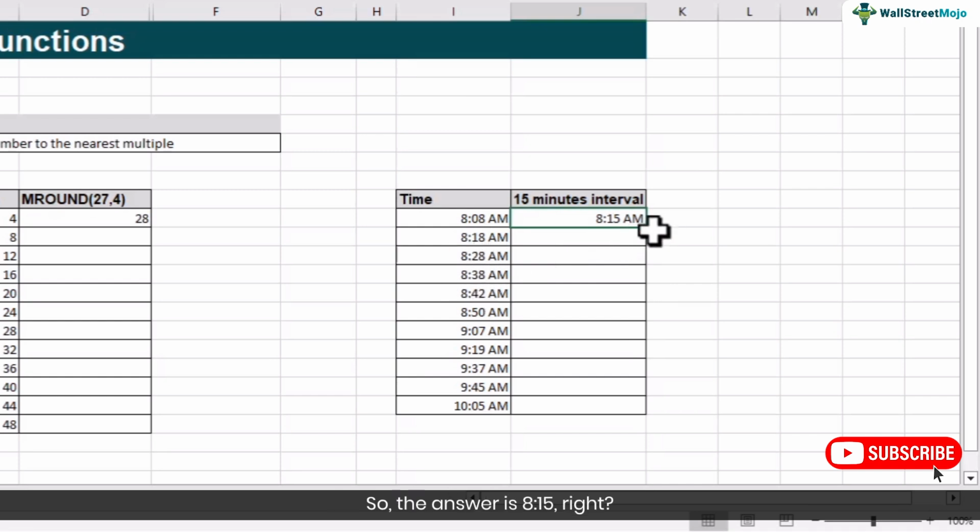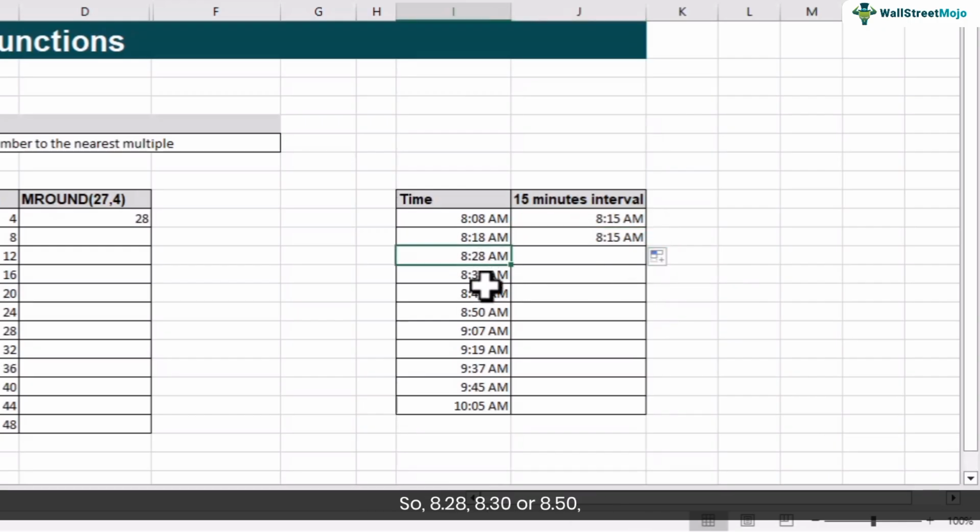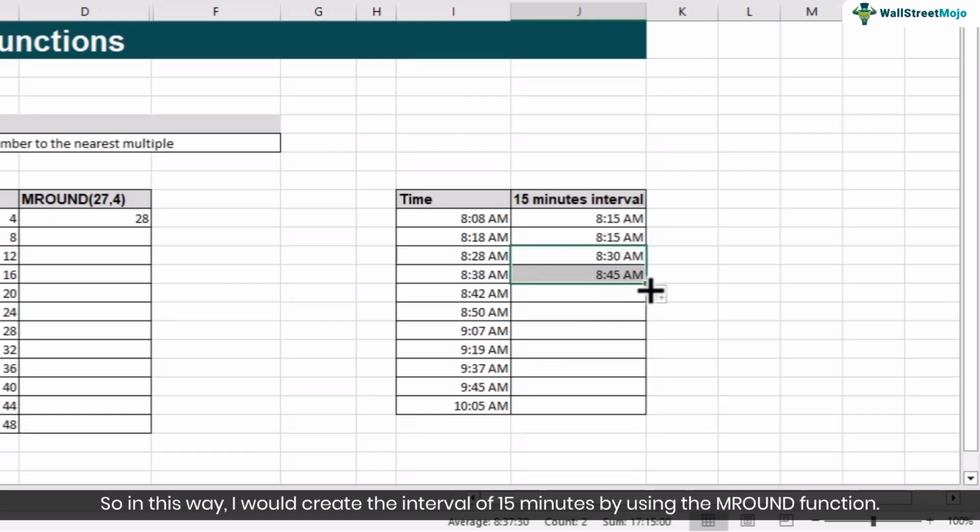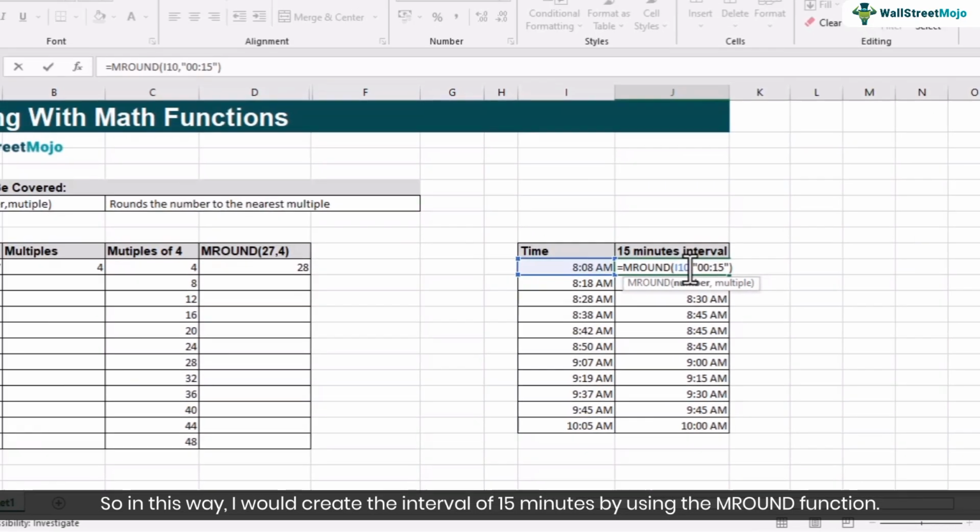The answer is 8:15, right? So 8:28, 8:30 or 8:15? 8:30, of course. Similarly, 45 or 30? What do you think? Take a guess. 45, because 45 is nearer. This way, I would create the interval of 15 minutes by using the mRound function.